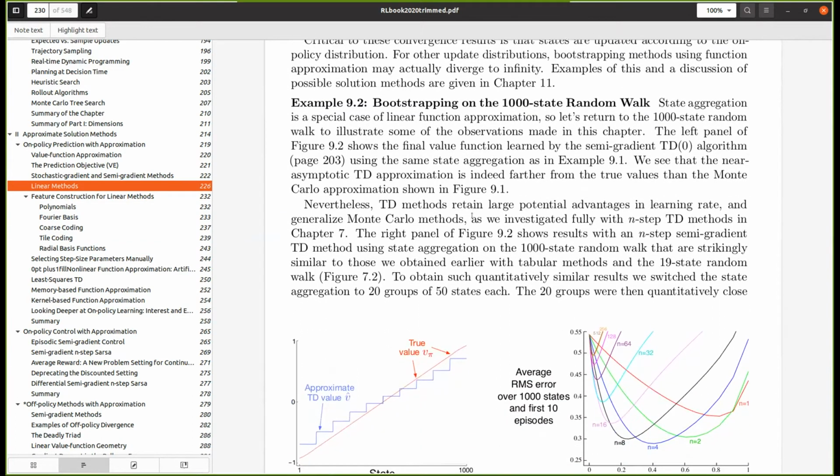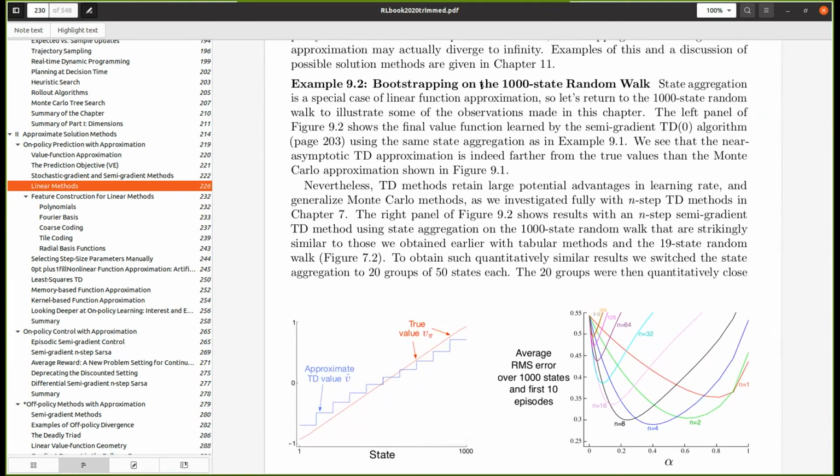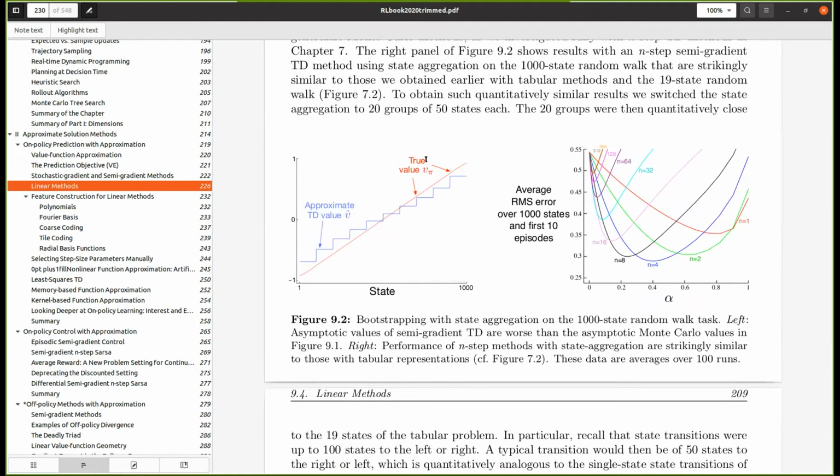So here we can see the results of running a bootstrapping algorithm on the same problem we saw before. You can see that the results are much worse, right? The error here is quite a bit higher compared to the Monte Carlo method we saw before.